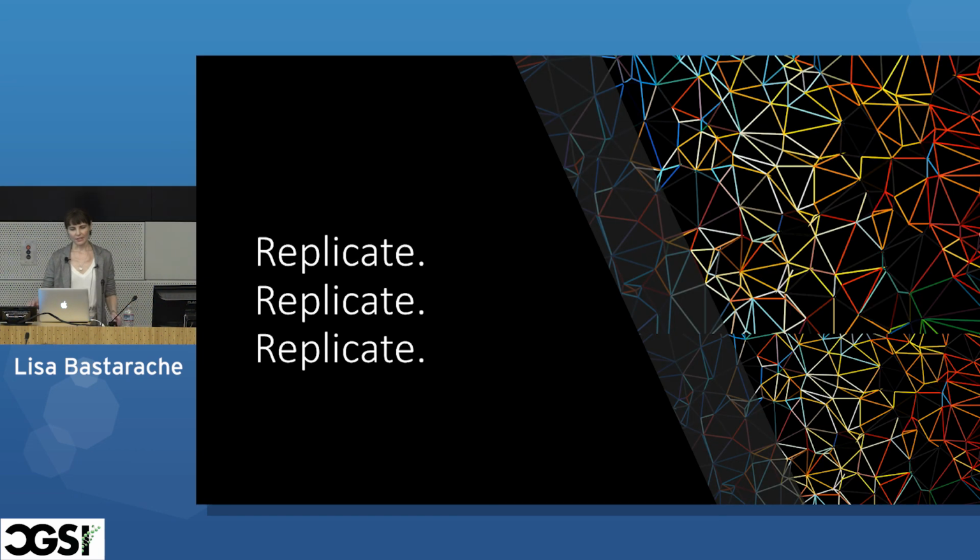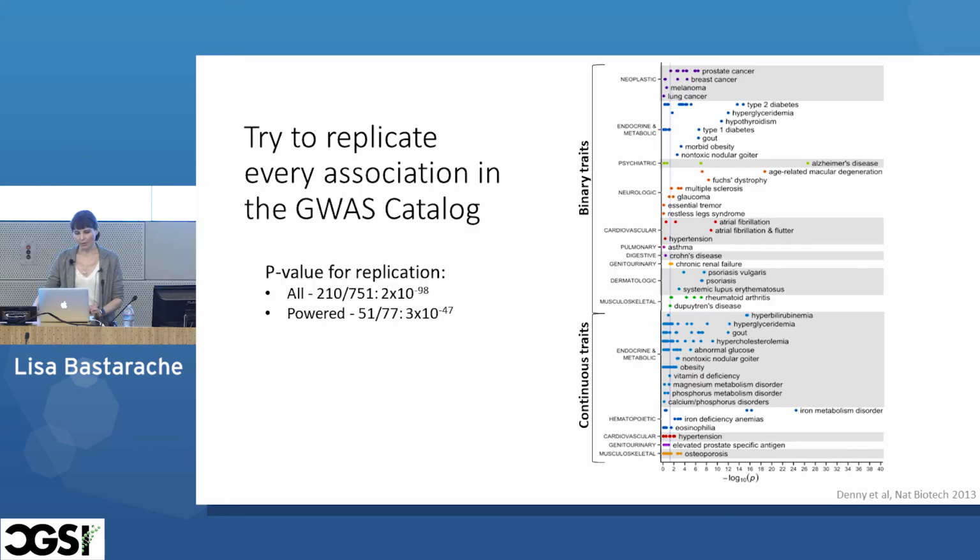Along those lines, part of this idea is to really rely on replication to start understanding what you're extracting from the medical record. This is something that we've done a ton of work with in the Denny lab. Backing up a second, it's kind of a crazy idea to think that we can use billing codes from medical records to do genetic research. There's very well-warranted skepticism that you could have about that. So in 2013, we endeavored to replicate every association that was in the GWAS catalog using this method.